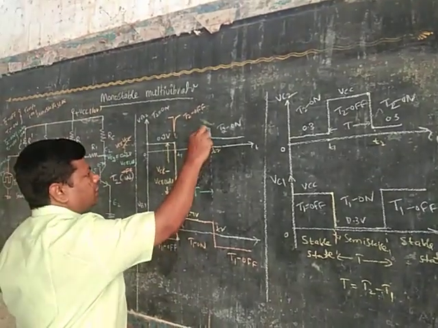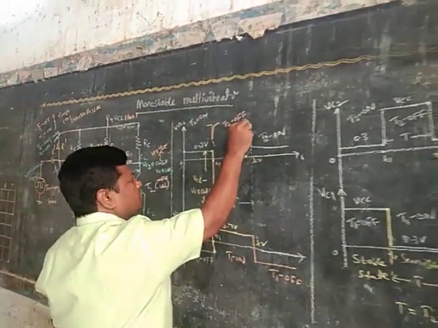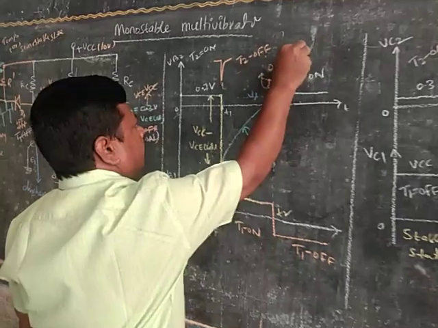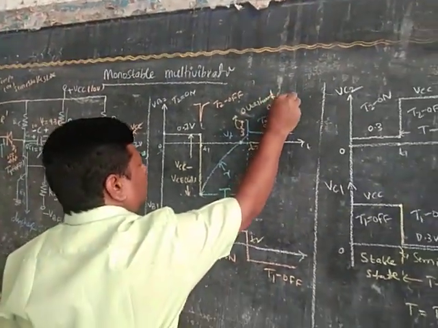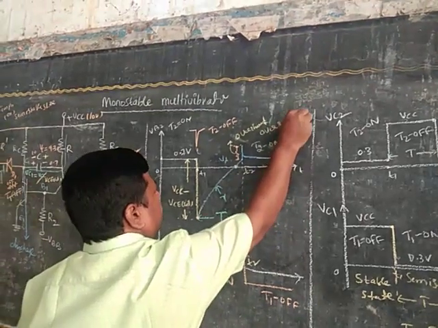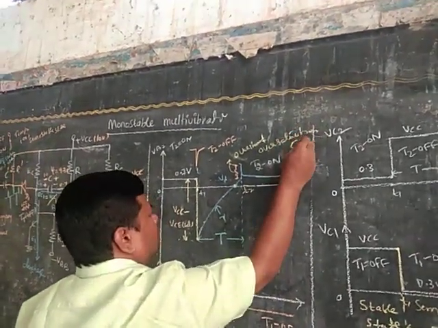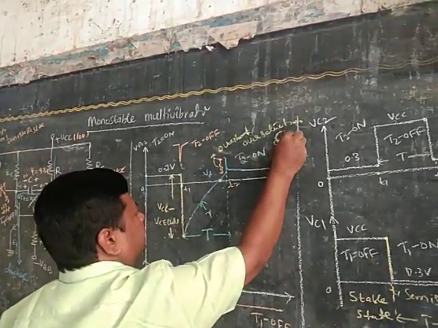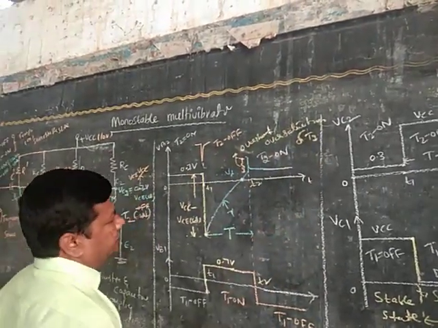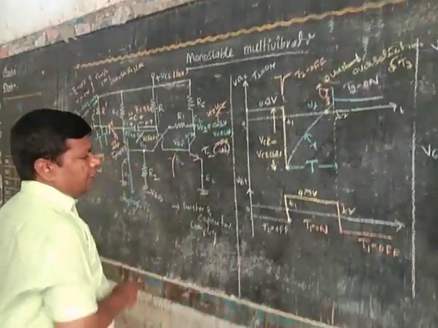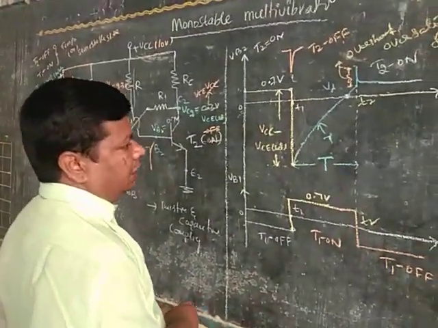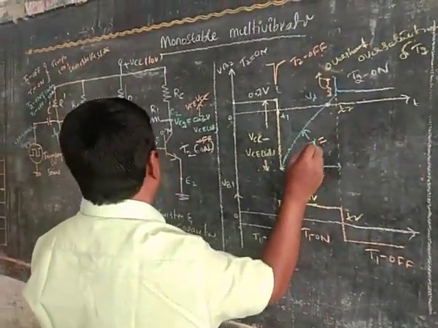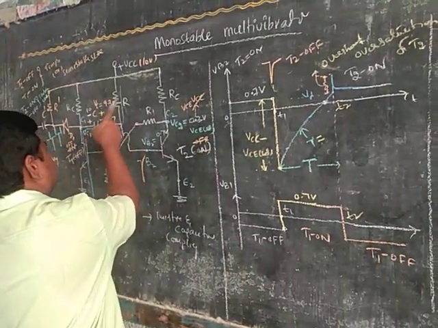Here it is the delta. This delta is called overshoot. This occurs due to oversaturation of the T2 transistor. And here the discharging time period tau mainly depends upon the RC time constant.